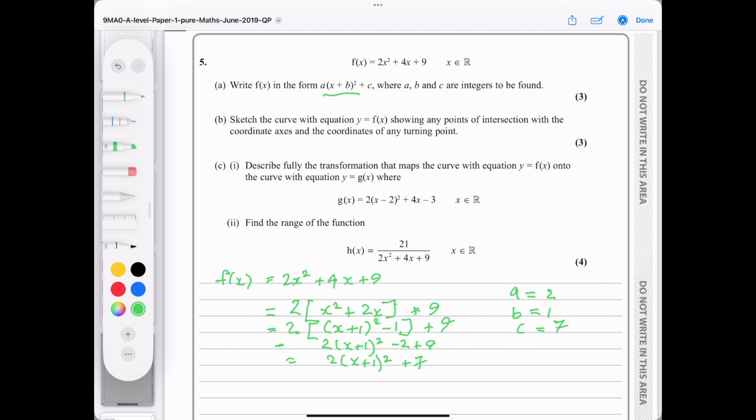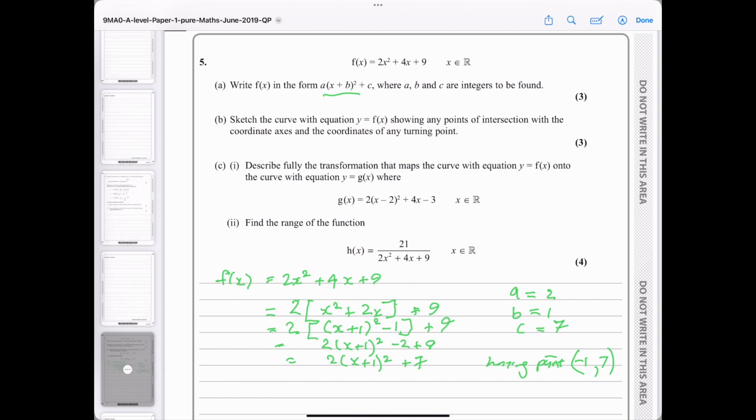Now sketch the curve. So that means our turning point is minus 1, 7. Now, sketch the curve of this showing any points of intersection with the coordinate axes and coordinates of any turning point.